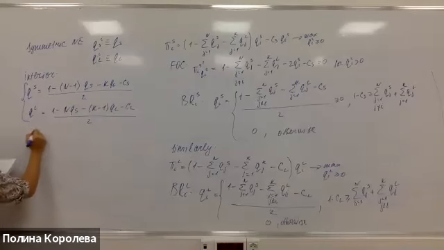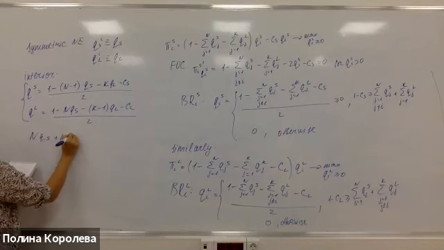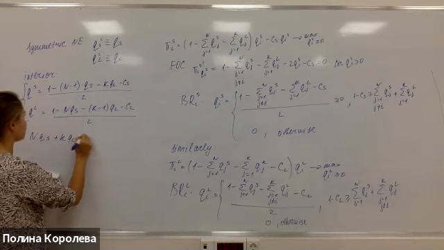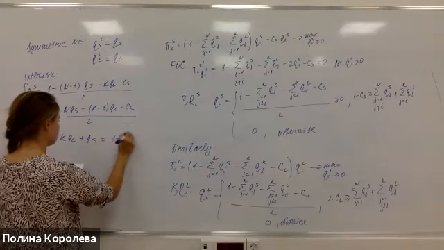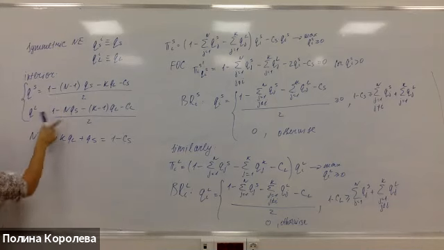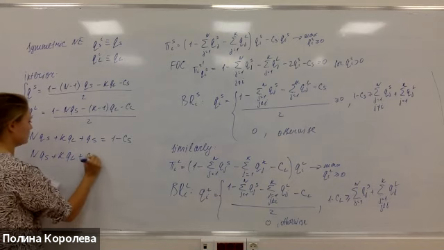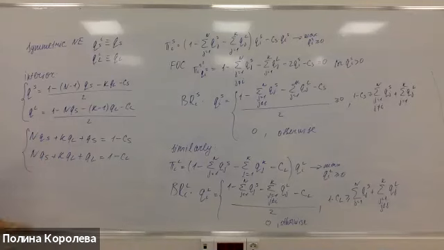For example, we can write that N QS plus K QL, first part, plus K plus QS will be equal to 1 minus CS. And here, N QS plus K QL plus QL will be equal to 1 minus CL. I will write this.